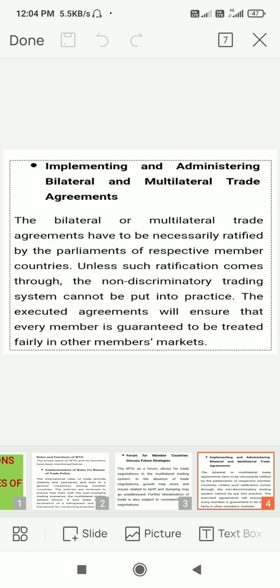Unless such ratifications come through, the non-discriminatory trading system cannot be put into practice. That's why it is written in the last line that executive agreements will ensure that every member is guaranteed to be treated fairly in other members' markets. Suppose I enter other countries, I must be treated fairly, and when people from other countries come to our market, we also treat them fairly. So this is all about this function.